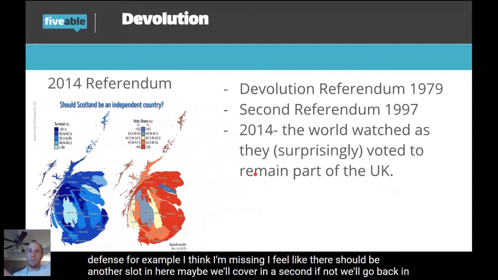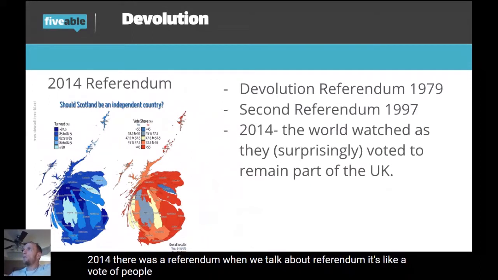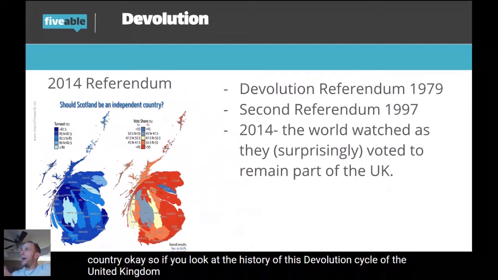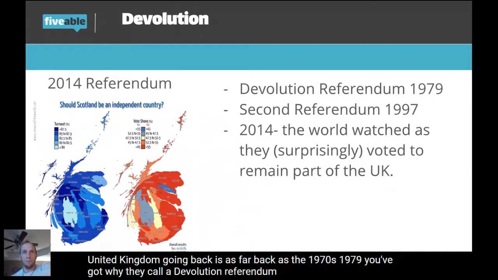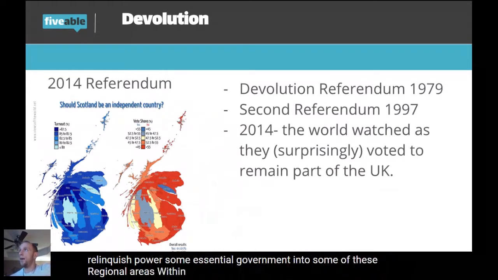In 2014, there was a referendum. When we talk about a referendum, it's a vote of the people, in this case for Scotland to become its own country. Okay, so if you look at the history of this devolution cycle of the United Kingdom, going back as far as 1979, you've got what they call a devolution referendum, where they start to relinquish powers from the central government into some of these regional areas within the United Kingdom.